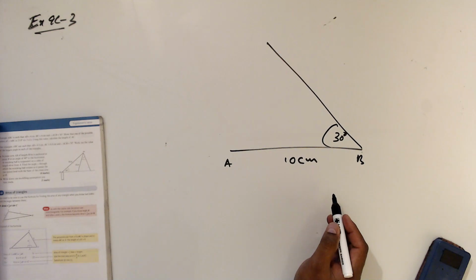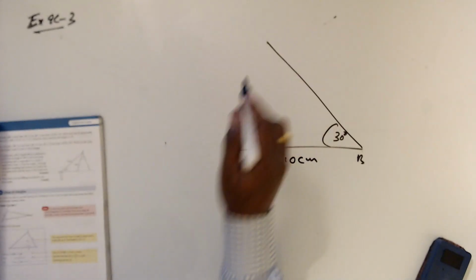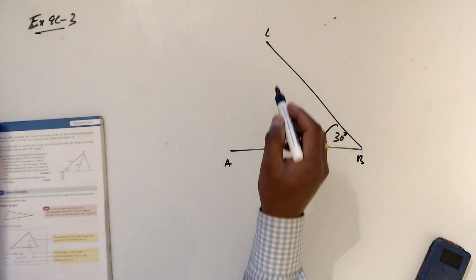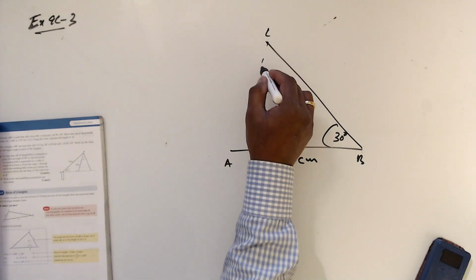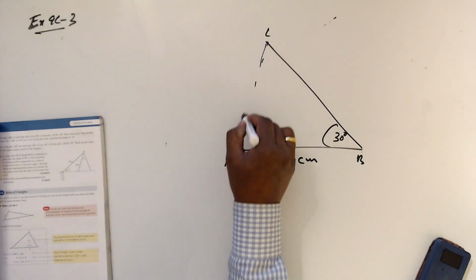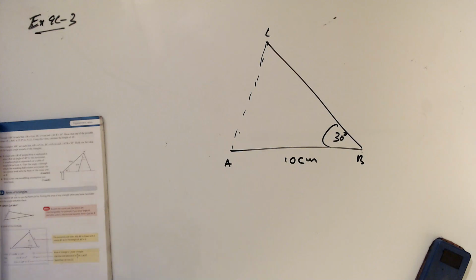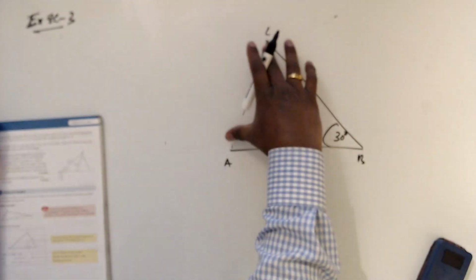And question number 1, AC is here. Calculate the least possible length that AC should be. The least possible length.